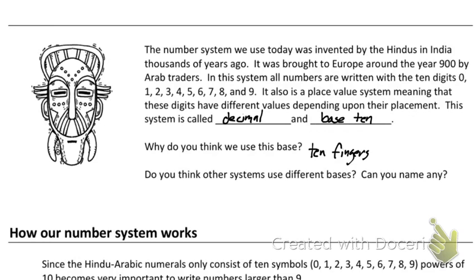Roman numerals, they use a weird base system. We don't really use those today. I'm using something that uses a completely different base right here in my hand. 0 and 1s. That is binary. Binary only has 2 symbols, 0 and 1.